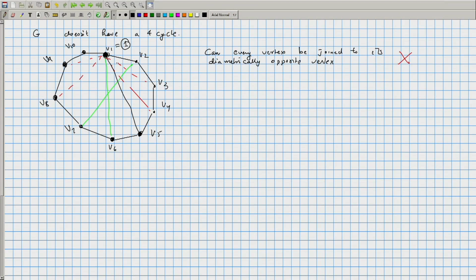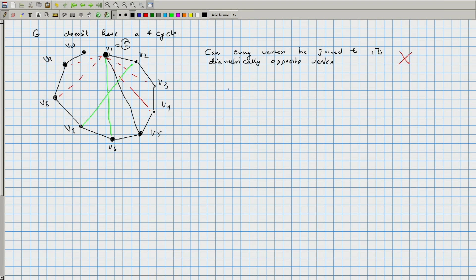There are other edges also. So, if you look at vertex 6, where all can 6 be connected to? Okay. We argued that V6 and V1 are not connected. So, there are other possibilities, but we will see that if you assume, based on our claim that G does not have a 3 cycle or 4 cycle, we cannot connect 6 to any other edges.